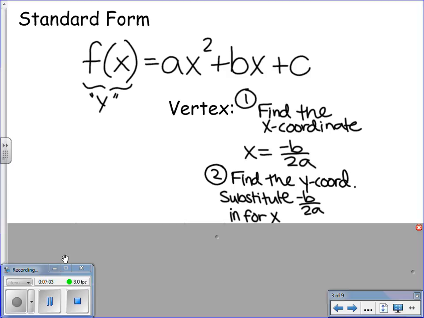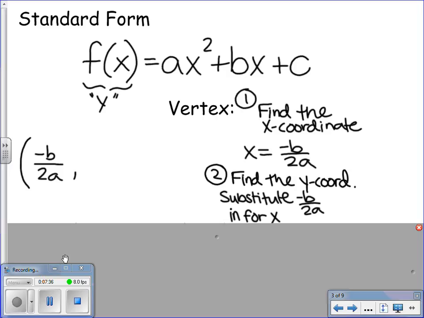We'll do an example here in just a minute so you can see how that works. I'm going to write out what a mathematician might say the vertex is as an ordered pair. So remember yesterday when we were working in vertex form, we could just say (h, k). In standard form, our h is what we did in step 1 for the x coordinate, so the opposite of b over 2a. That's our x coordinate.